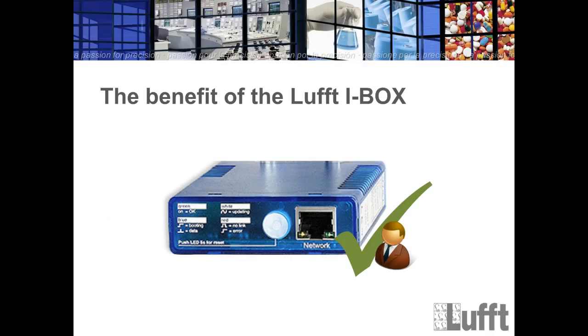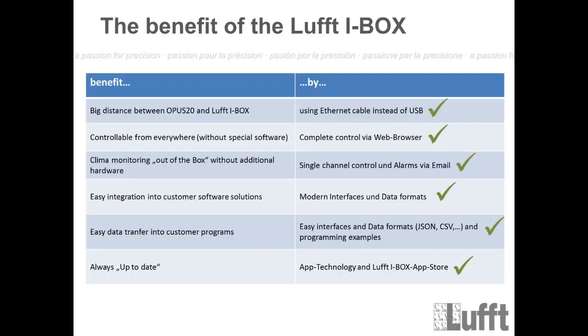So now let's talk about the benefit of the Lufft I-BOX. Why use a Lufft I-BOX? Here are some reasons. One benefit is the big distance between the Opus 20 and the Lufft I-BOX: you don't need to use USB, you can use an Ethernet cable, which of course is a benefit because you have more distance. Then you will be able to control the I-BOX from everywhere.